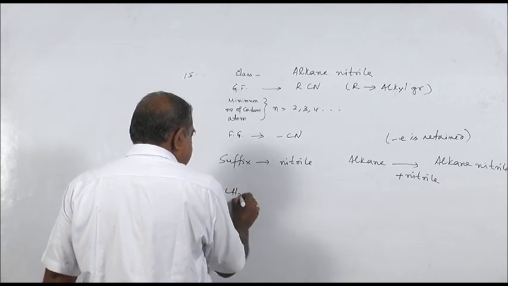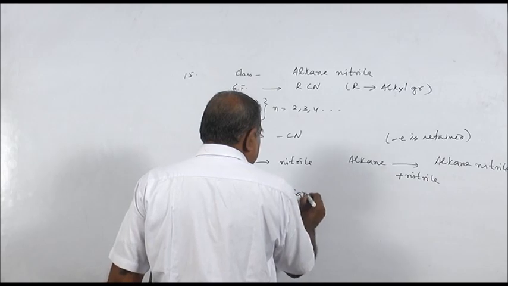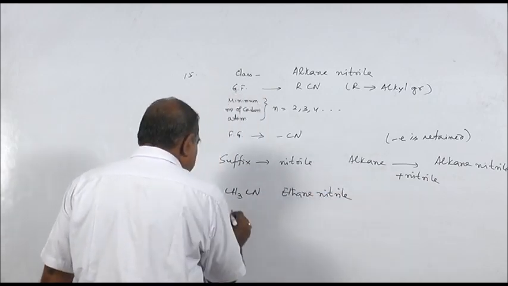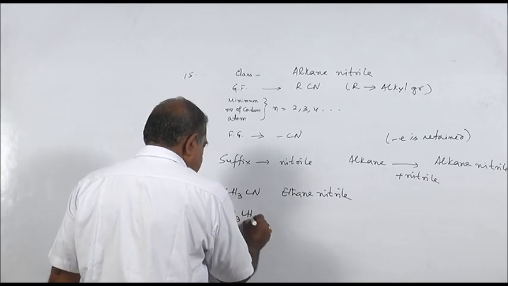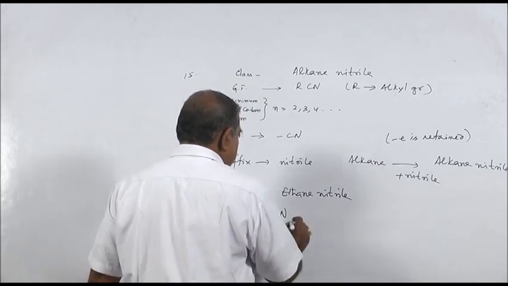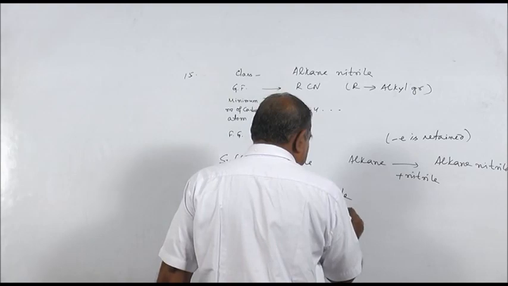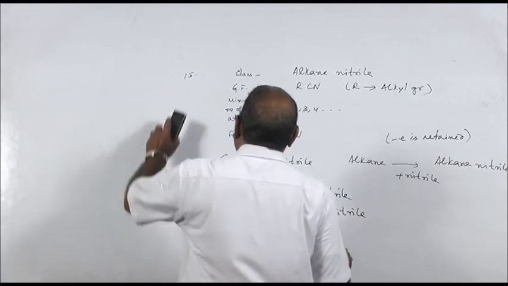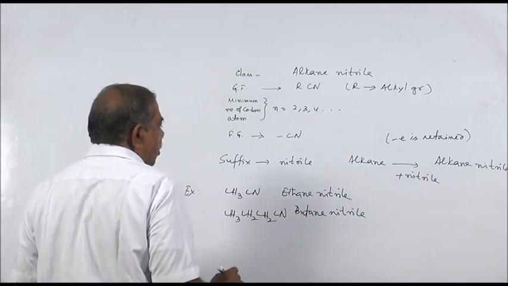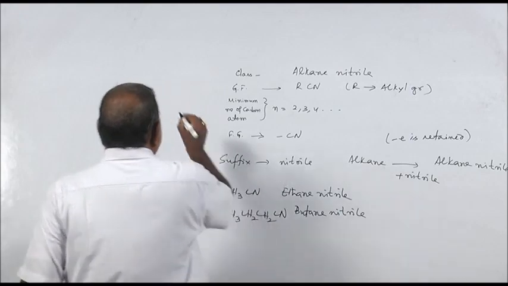Say CH3CN, ethane nitrile, or CH3CH2CH2CN. There are 4 carbon atoms, so it is butane nitrile. So here E is written, E is not replaced. Only one extra word, nitrile, you are using.